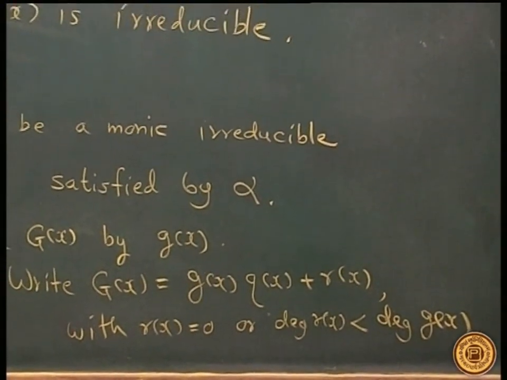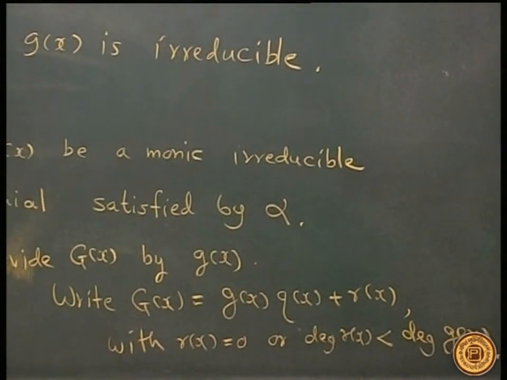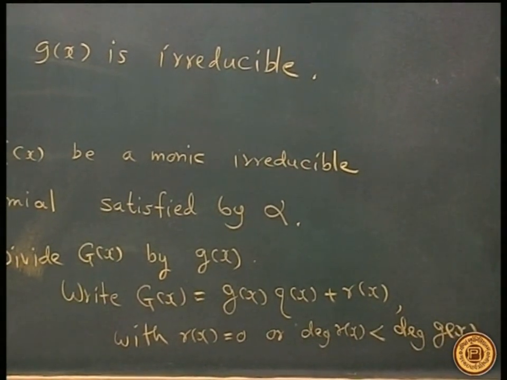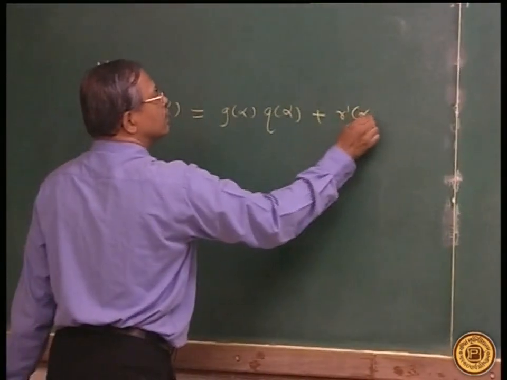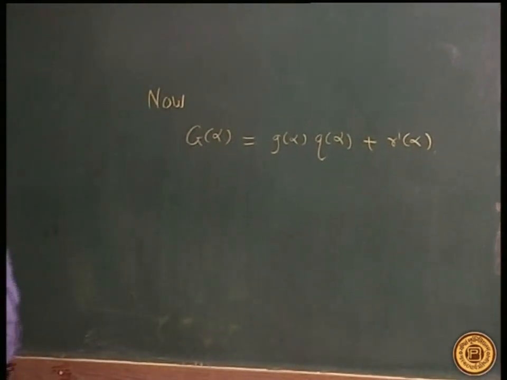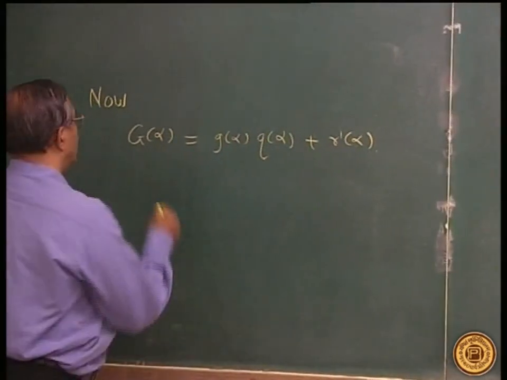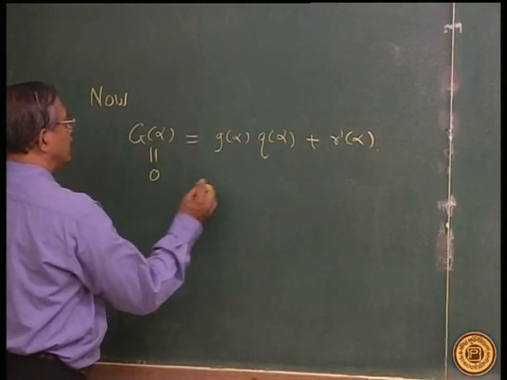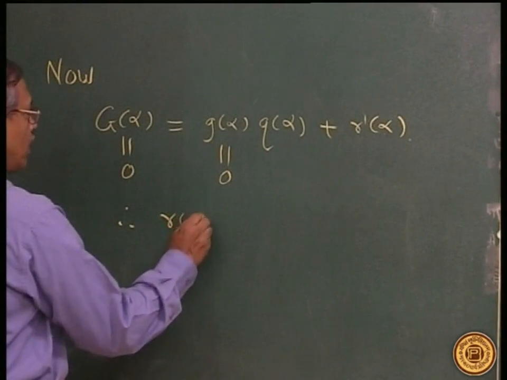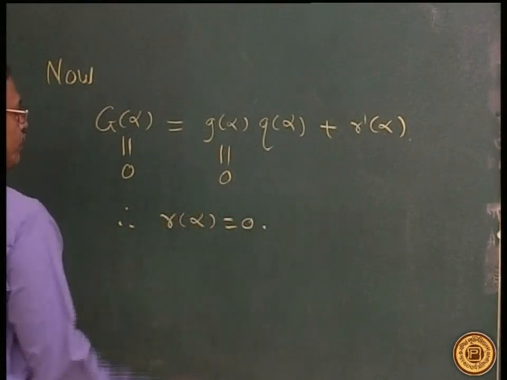Now, G of alpha equal to small g of alpha times q of alpha plus r of alpha. Here capital G of alpha is 0 and small g of alpha is also 0. Therefore, r of alpha equal to 0.